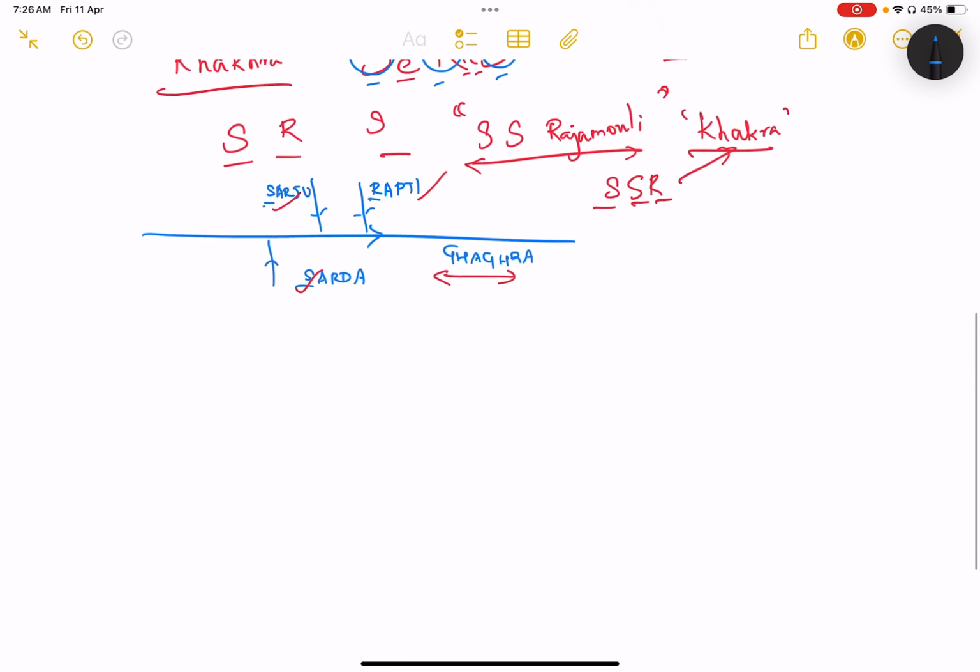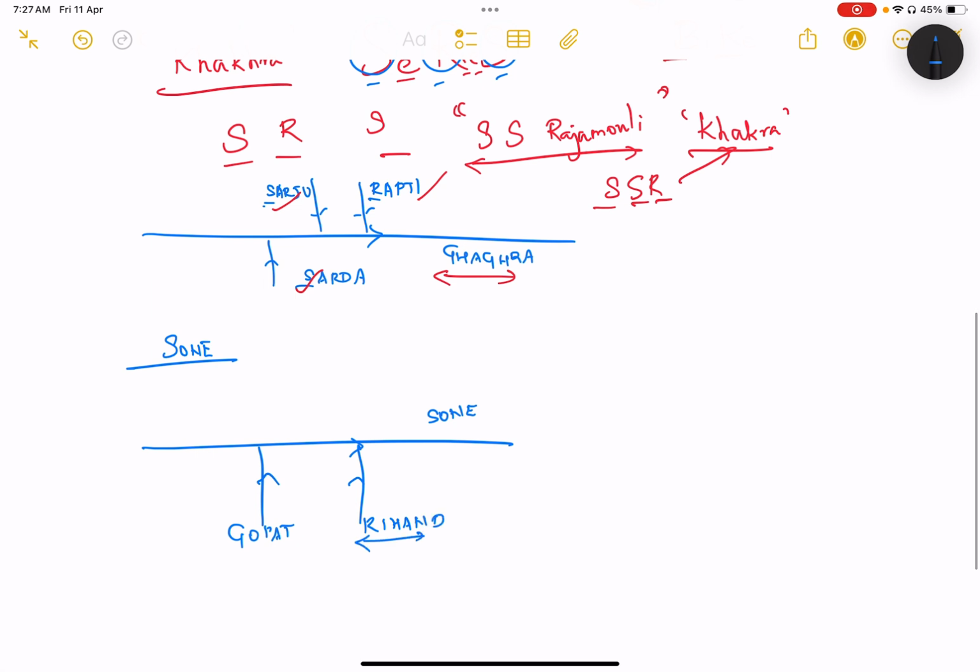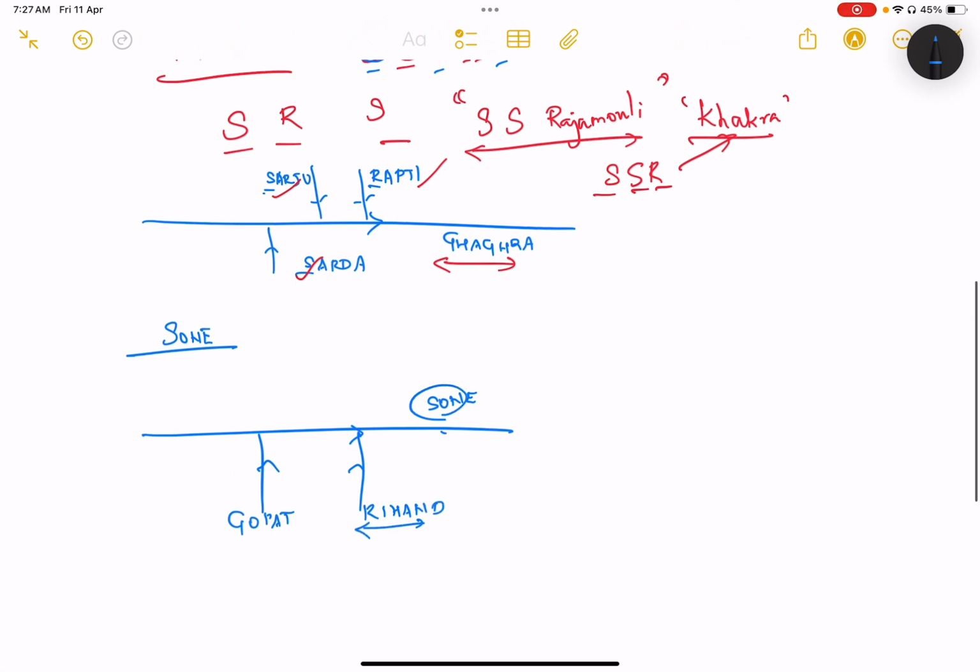Well, for Sone, the two tributaries are Gopat and Rihand. Gopat and Rihand. So Sone, think about sun. What is the sun doing? Well, the sun grows tall, right?